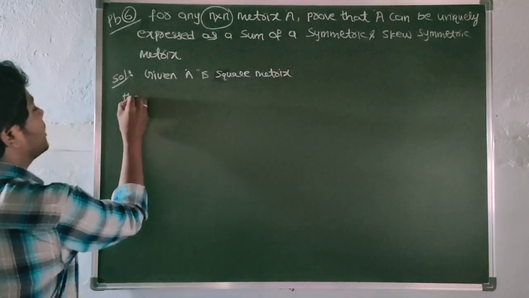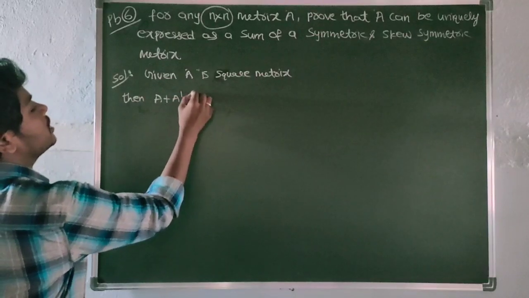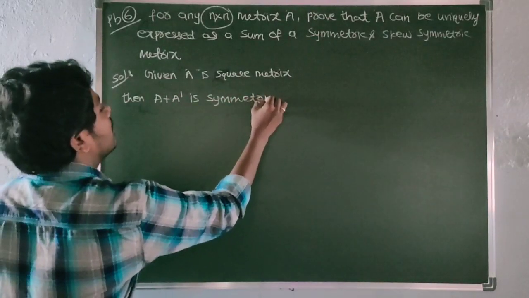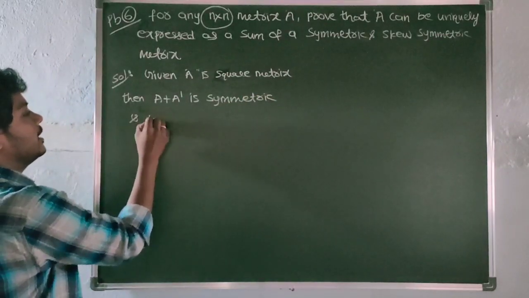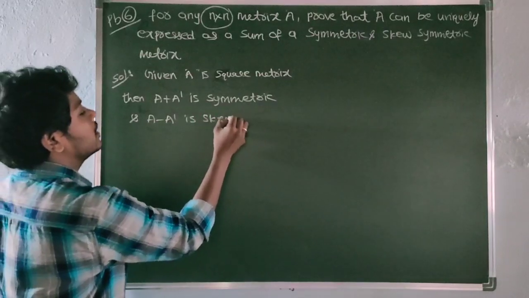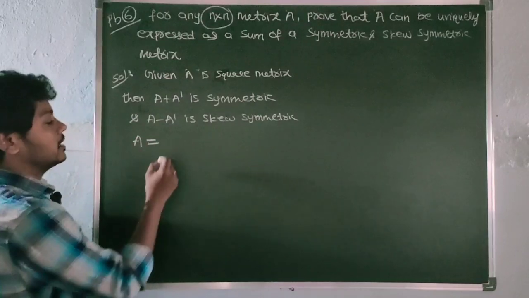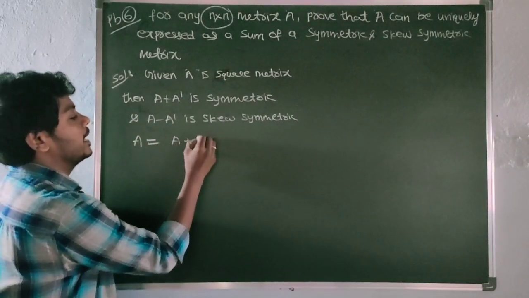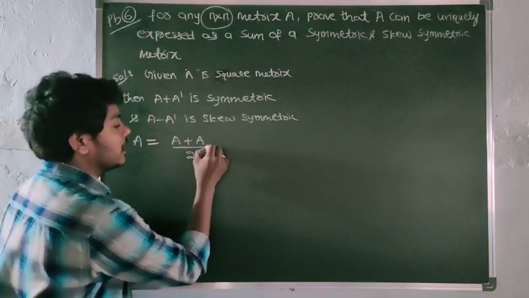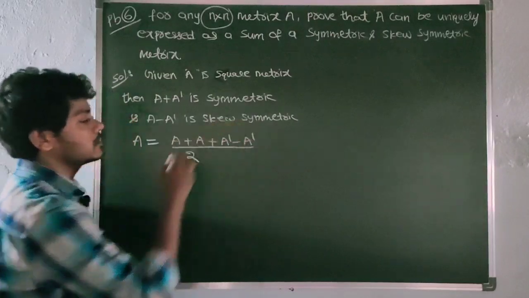So then, you know that A plus A transpose is what? Symmetric. And A minus A transpose is what? Skew symmetric. Now A can be written as A plus A by 2. So for the numerator you have to add and subtract A transpose.